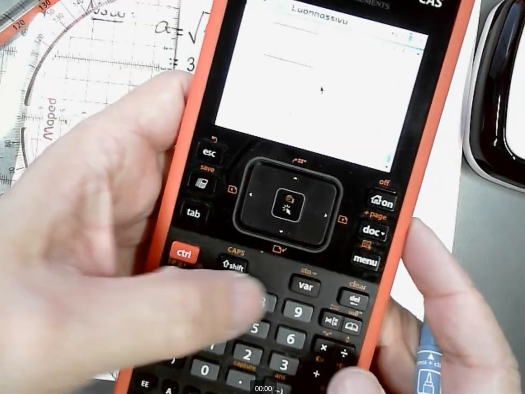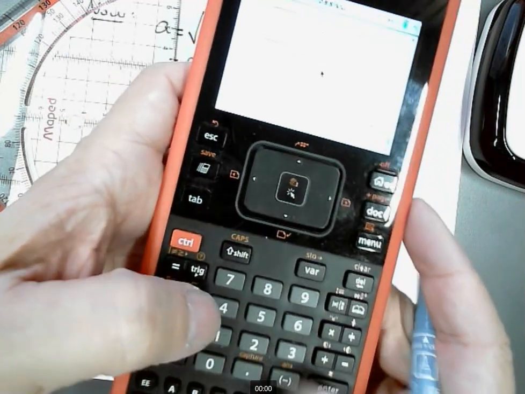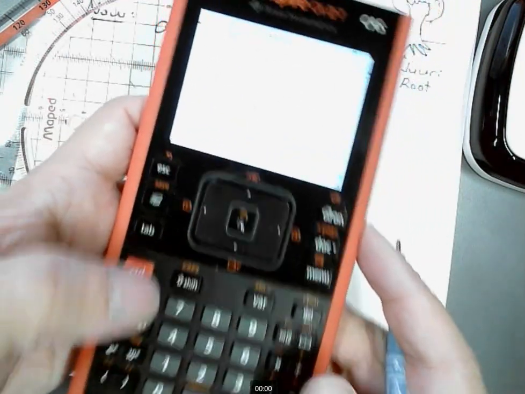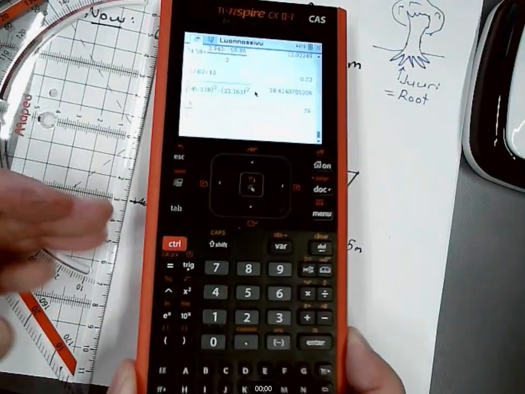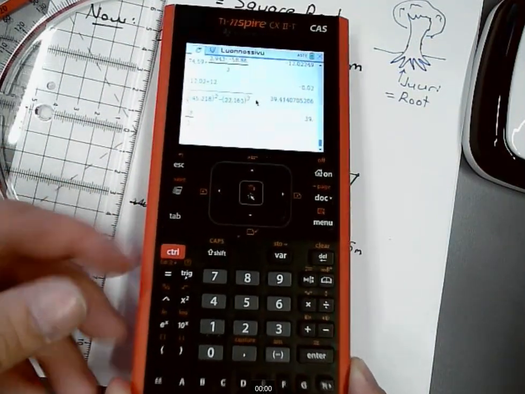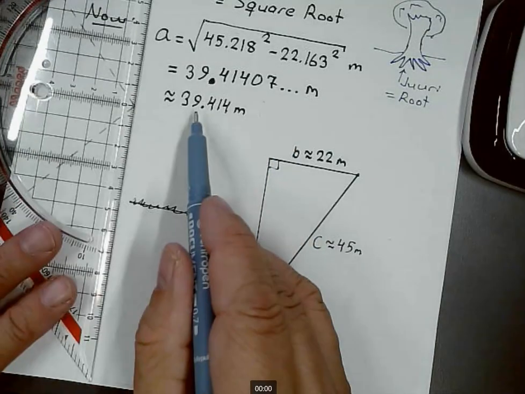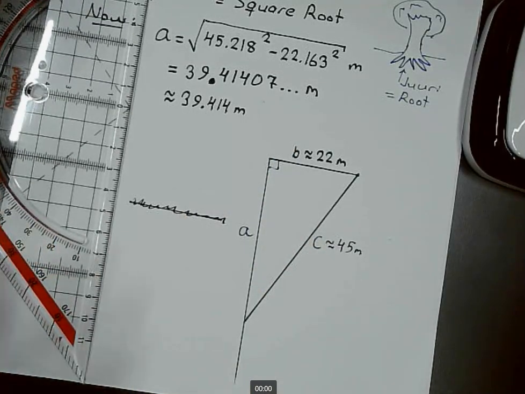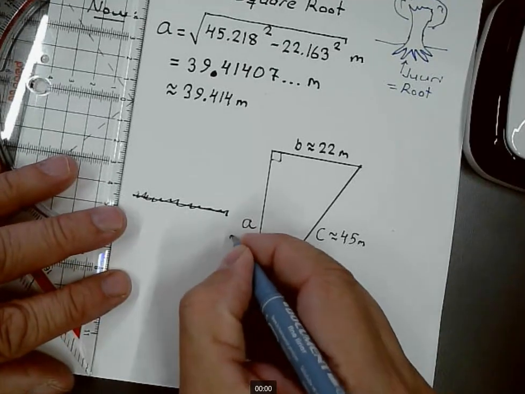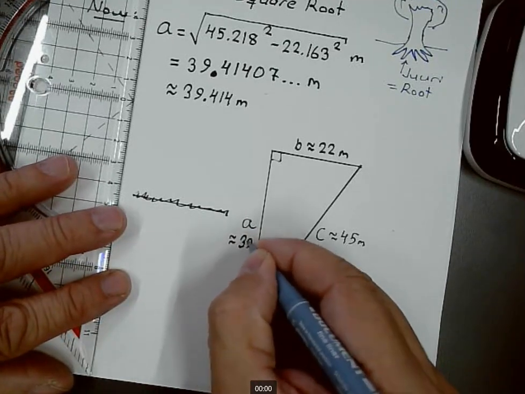So 78 divided by 2 equals 39. 39 meters. So we got 39.4. So probably we have made the calculation correctly.